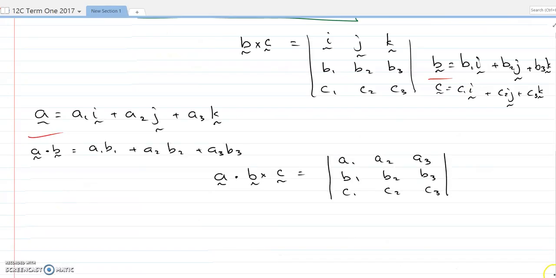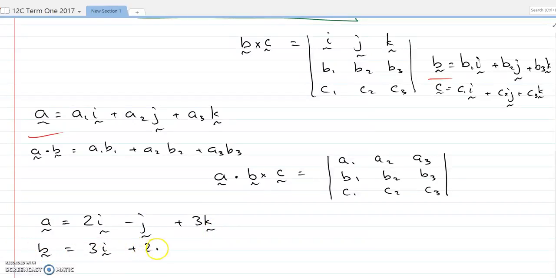Alright, so this is actually a very nice, simple formula. Have a think about why I'm able to replace that top row like that. You can ask me in class. So for example, let's just make up a couple of vectors. A equals 2i minus j plus 3k. B equals 3i plus 2j minus k.